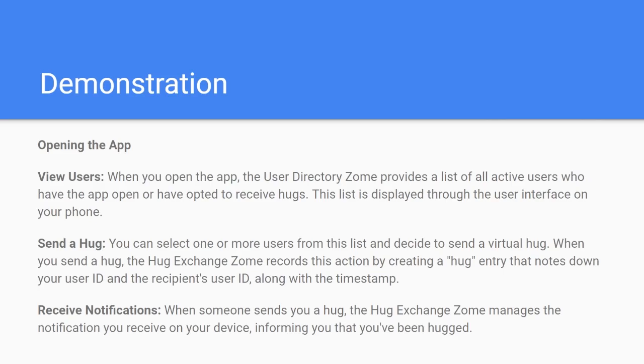Then you would have a send hug zome or function, and you can select one or more users from this list to send a virtual hug. When you send a hug, the hug exchange zome records this action by creating a hug entry and noting down your user ID and the recipient's user ID.